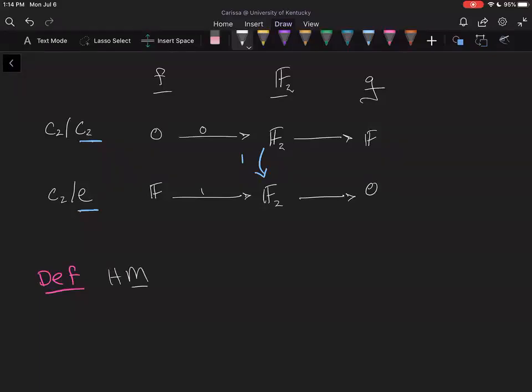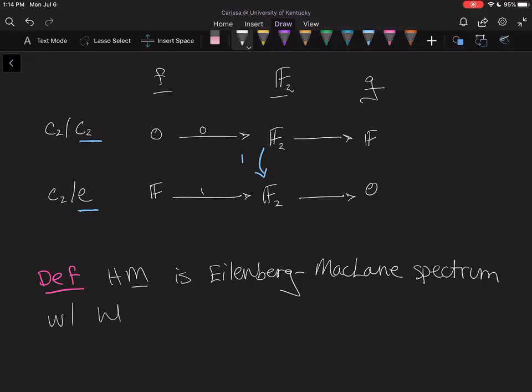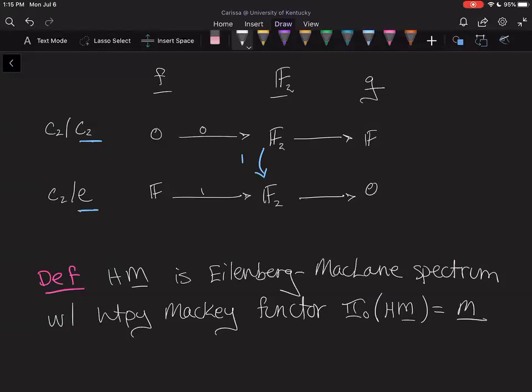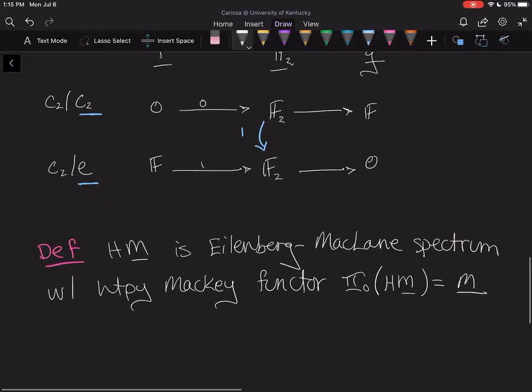So I wrote this H underline M. That is an Eilenberg-MacLane spectrum with a single homotopy Mackey functor, pi 0 is M. So it's the same idea as non-equivariant Eilenberg-MacLane spectra, except now our homotopy is the functor.